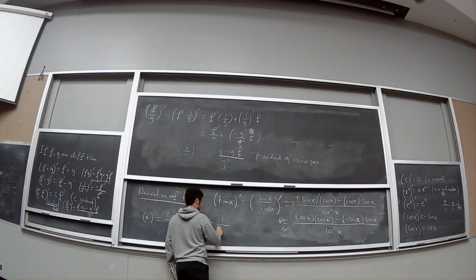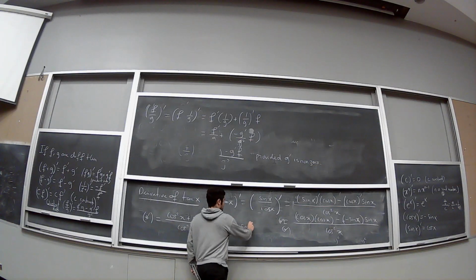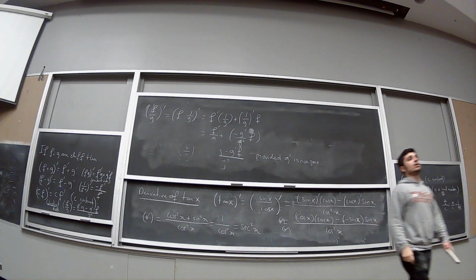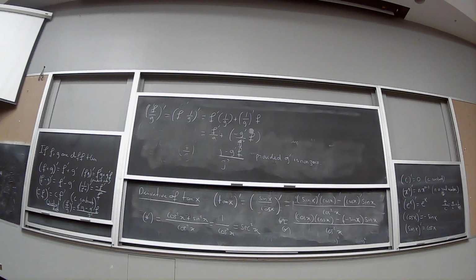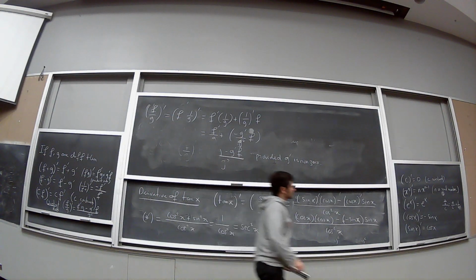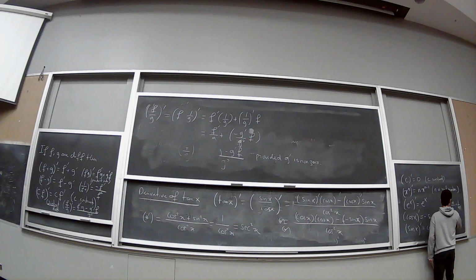It's 1 over cos squared x, which is secant squared x. Okay? So the derivative of tangent is secant squared. Okay? Maybe we can add this here. Okay.